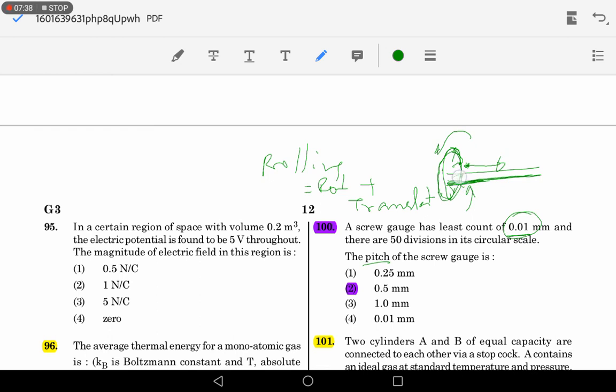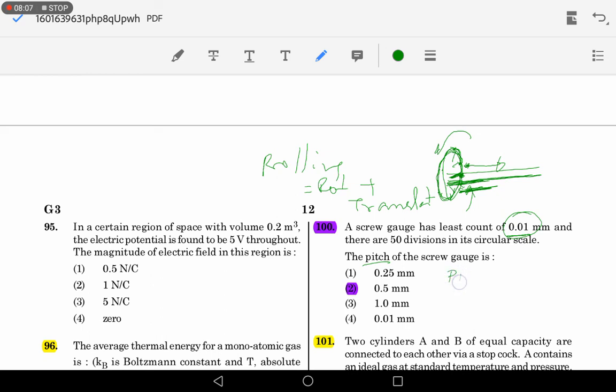Say the circular scale starts from this reading. On completing one complete rotation and coming back to this reading, the distance covered on the main scale is what we call pitch. So pitch is the distance covered by the circular scale for making one complete rotation.